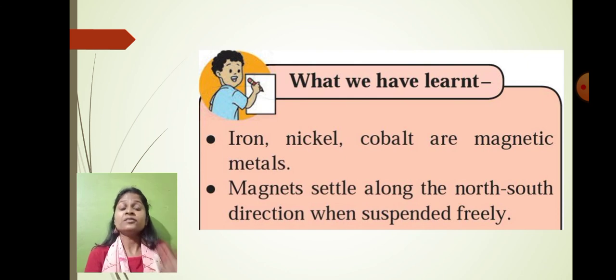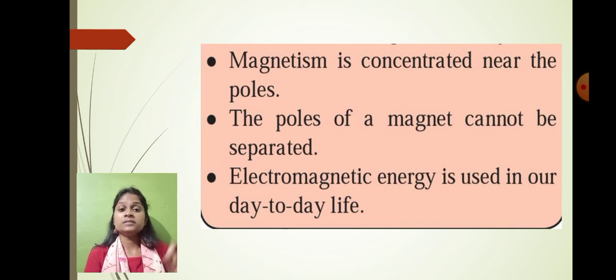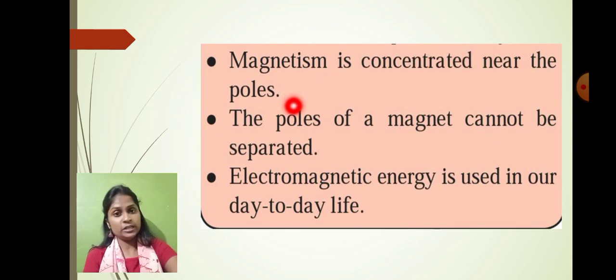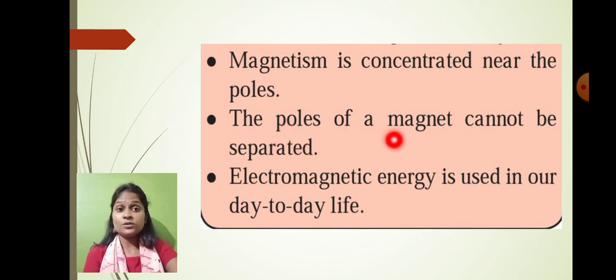The north side is indicated by capital N, and the south side by capital S. Magnetism is concentrated near the south pole and the north pole, not in the central part. And most importantly, the poles of the magnet cannot be separated from each other.